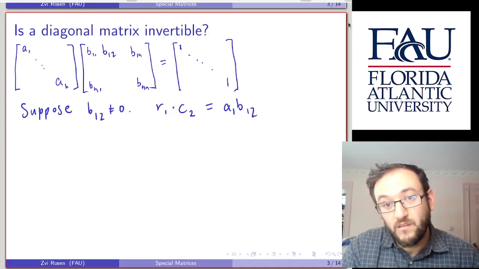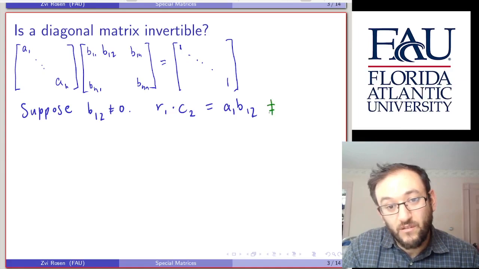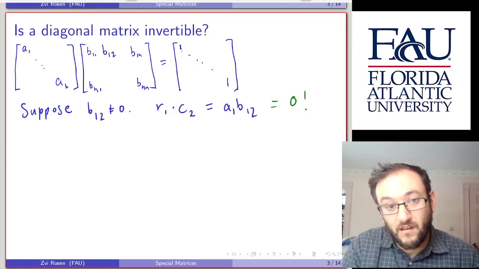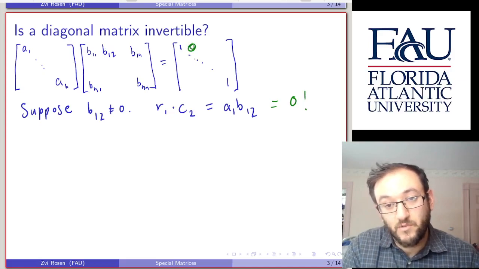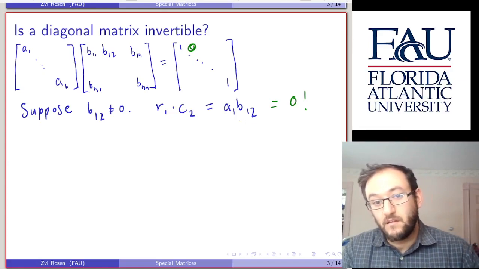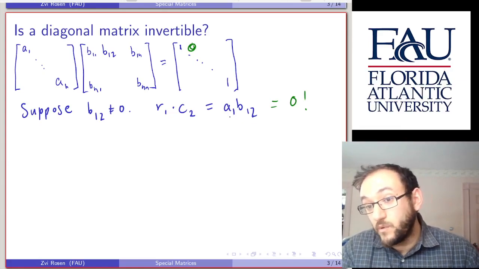But we know this is supposed to be 0, based on the entry here. This is supposed to correspond to first row, second column. So this tells us that a_1 would have to be 0.